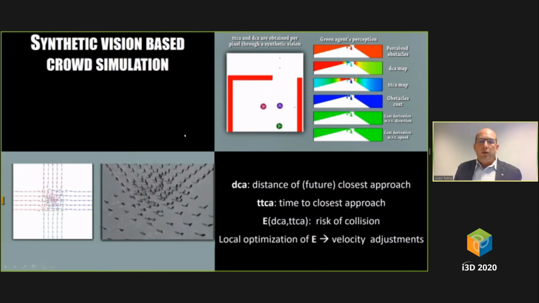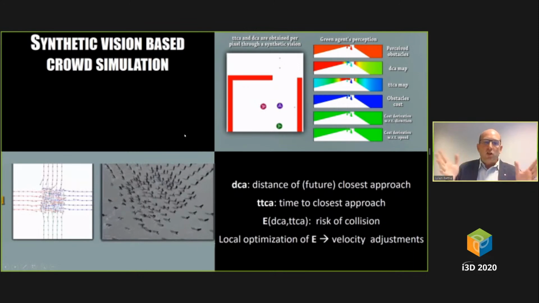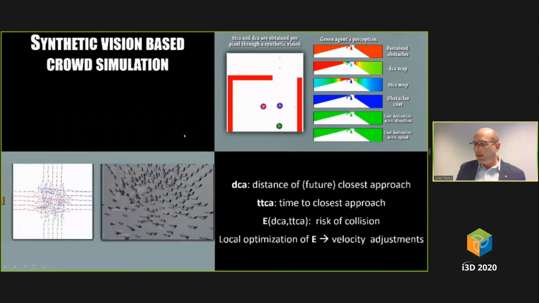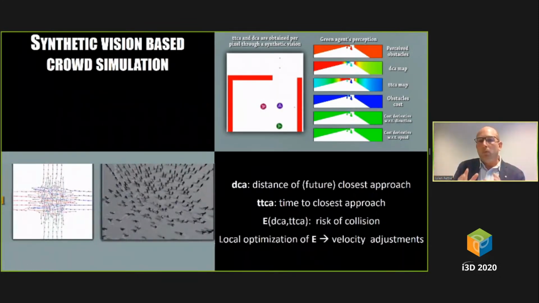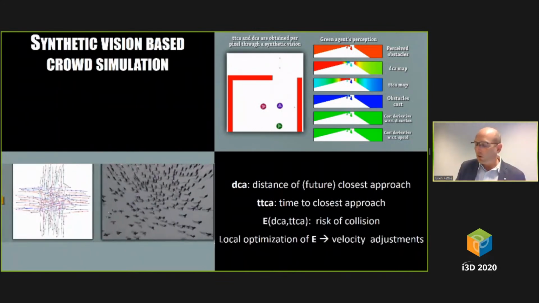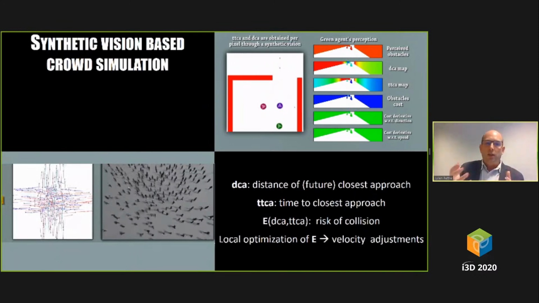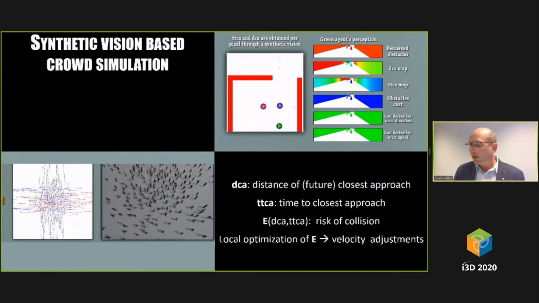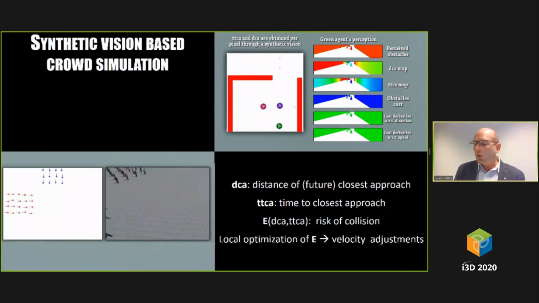Then you also mentioned that with this vision-based technique, we focus more on how people extract the information of risk of future collision and how they anticipate this by adjusting their velocity. So it's performing well at a certain level of density, which is quite low or medium, and not meant to perform well in dense situations.